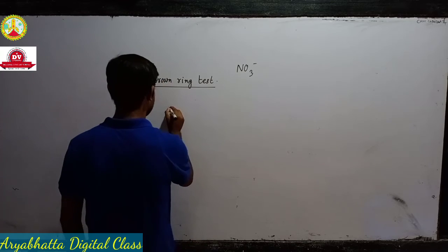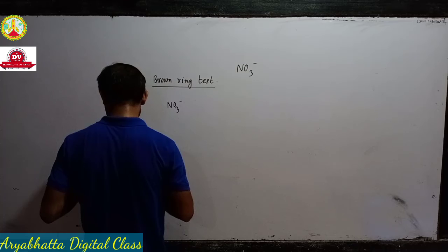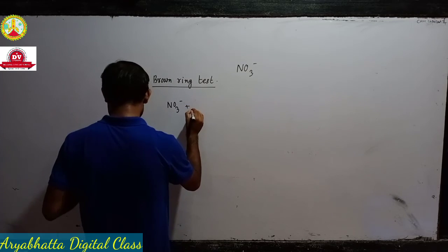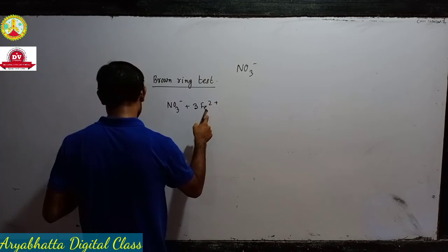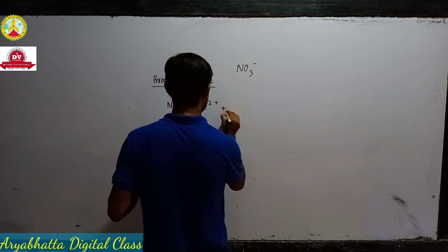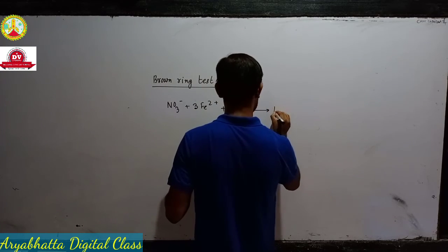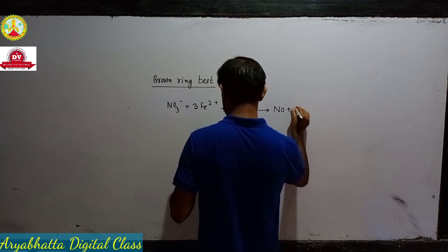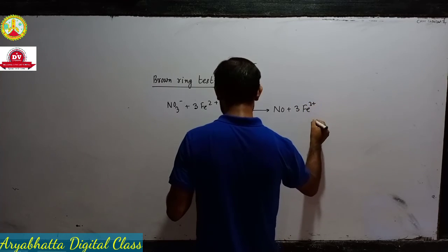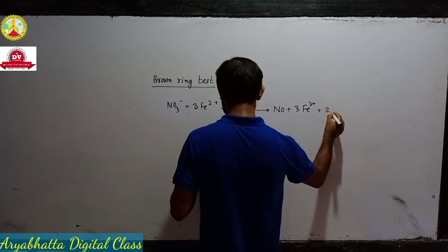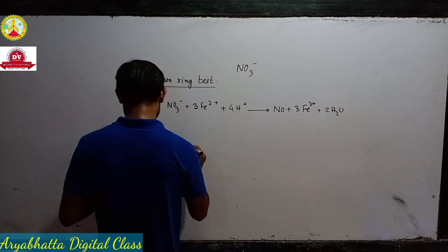And how this test is done: NO3 negative from the salt solution and ferrous sulfate are taken, so you get Fe2+ from ferrous sulfate, H+ from acid. Iron gets oxidized, ferrous is oxidized to ferric, this is ferric.